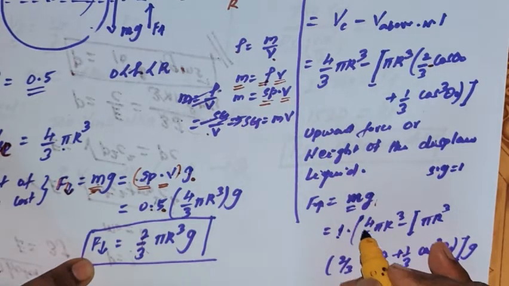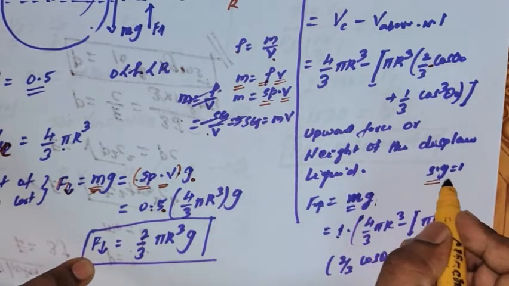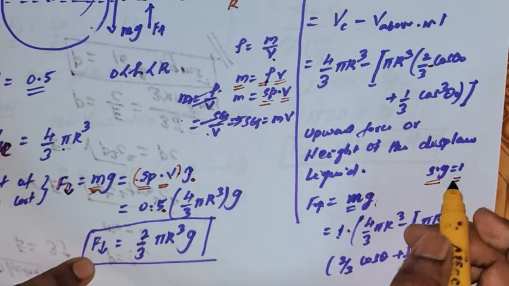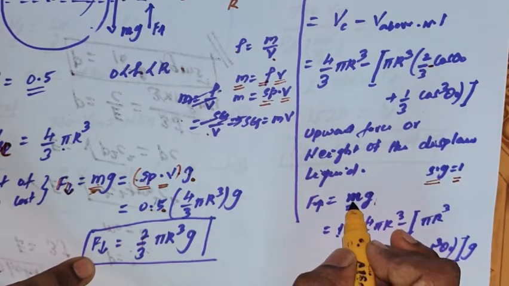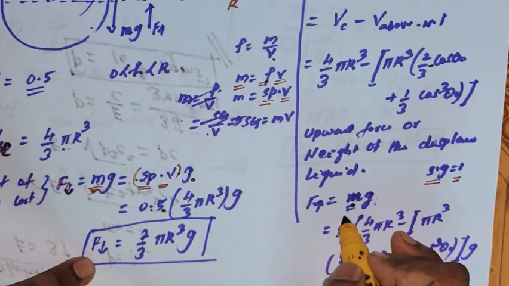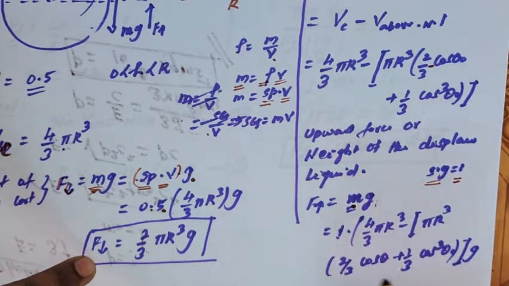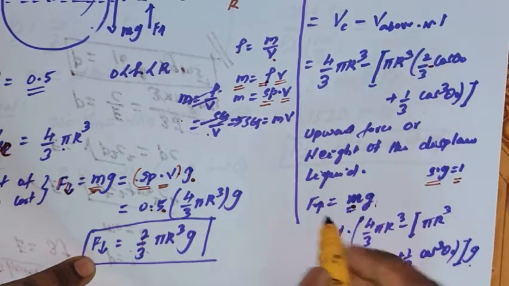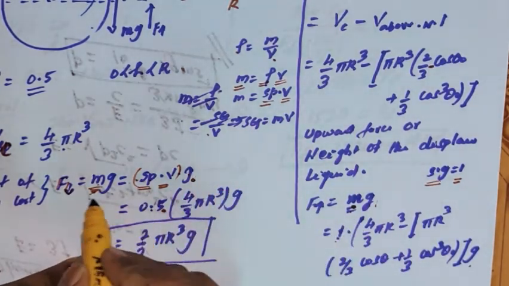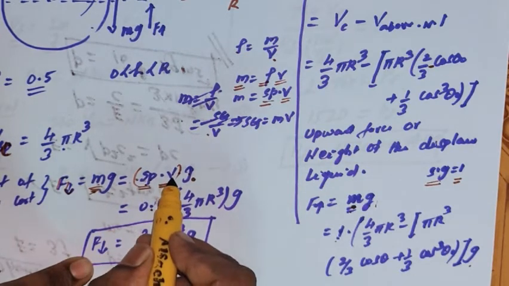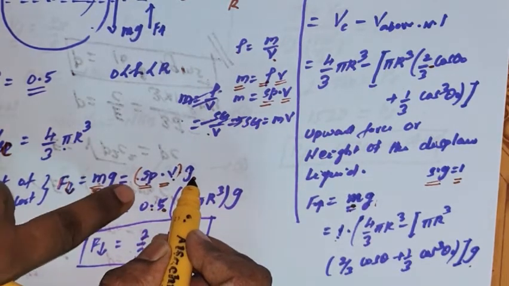on the displaced liquid. We know the specific gravity of the water is equal to 1. So mass again is replaced by the density times the volume. So here if we are going to use the displaced volume times the gravity, the same formula here, whatever is specific gravity times volume times the acceleration due to gravity.